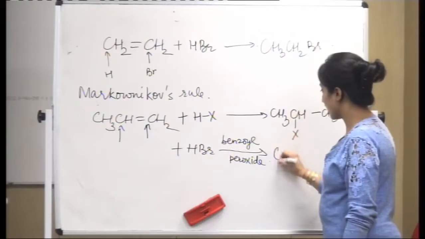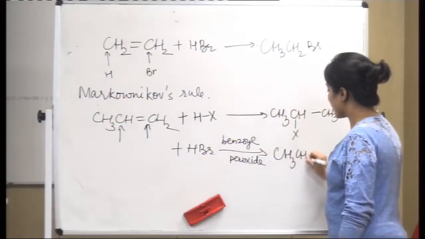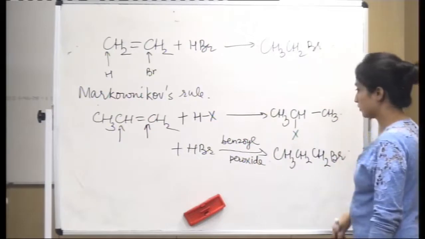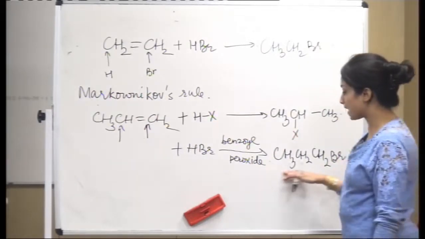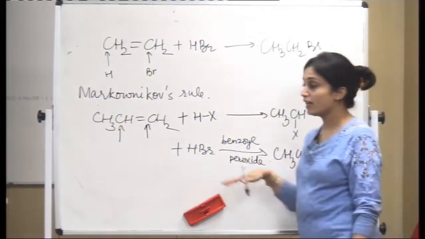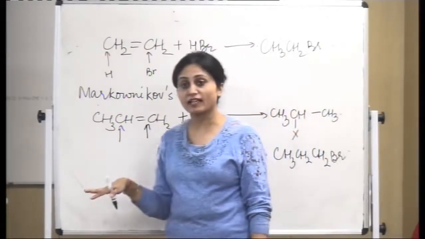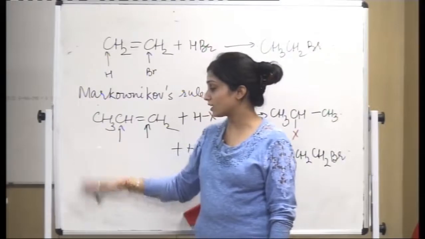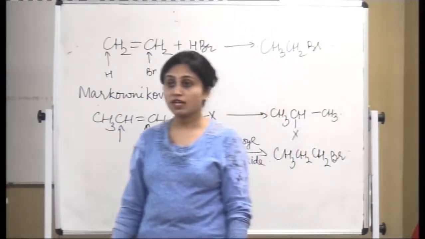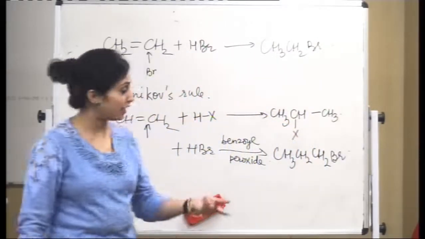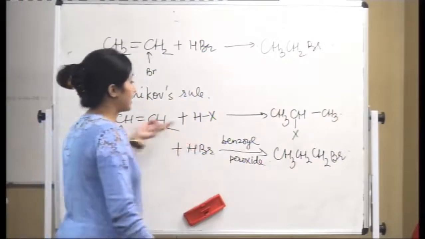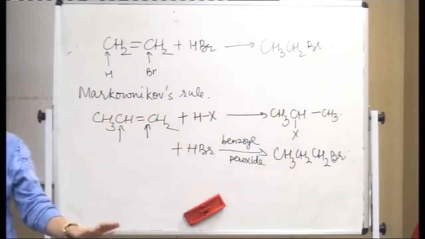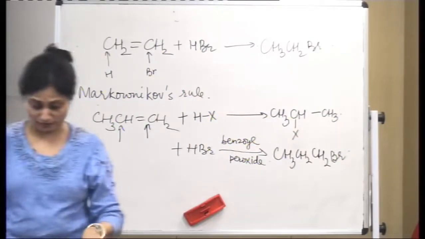So here you will get CH3, CH2, CH2, Br. This will be a primary alkyl halide. That means a primary alkyl halide can get formed from an unsymmetrical alkene only in the presence of peroxide. If you want a secondary alkyl halide from an alkene, you follow normal Markovnikov's rule in the absence of peroxide.